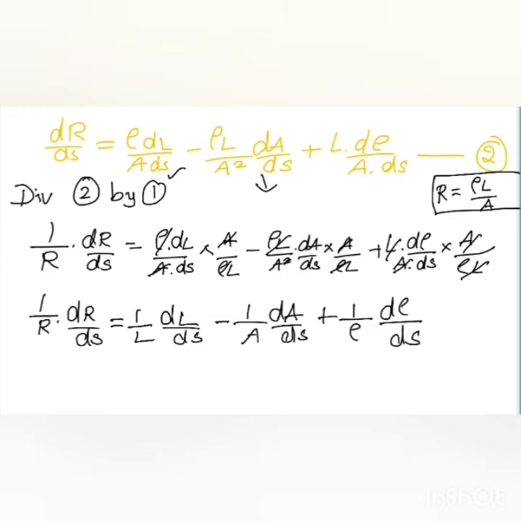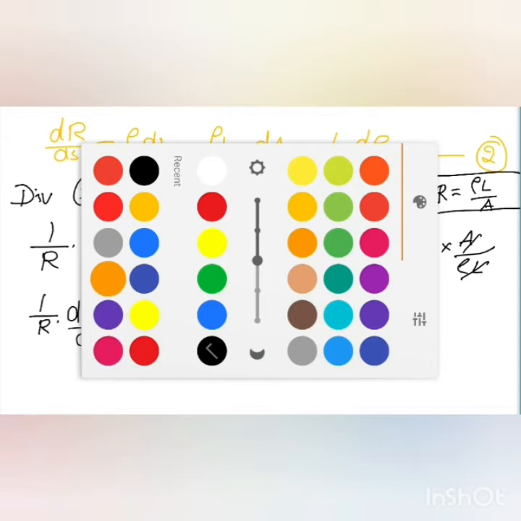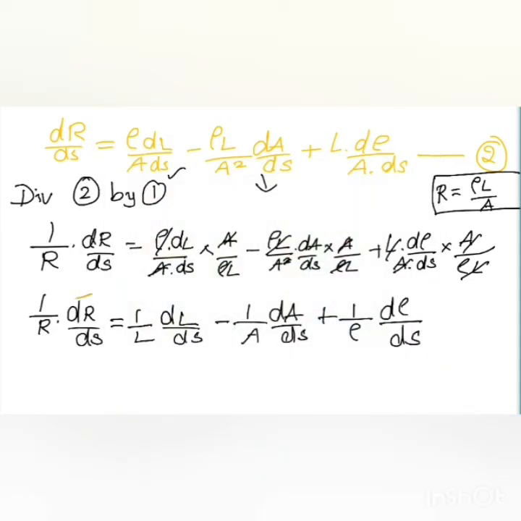Right, here an important thing that you have to look at is the numerator and the denominator. Okay, let me take orange color to help you identify this. dr by r: dr is change in resistance, r is resistance. The change in resistance with respect to resistance. Similarly, look at this, change in length with respect to length, change in area with respect to area, change in resistivity with respect to resistivity, right?